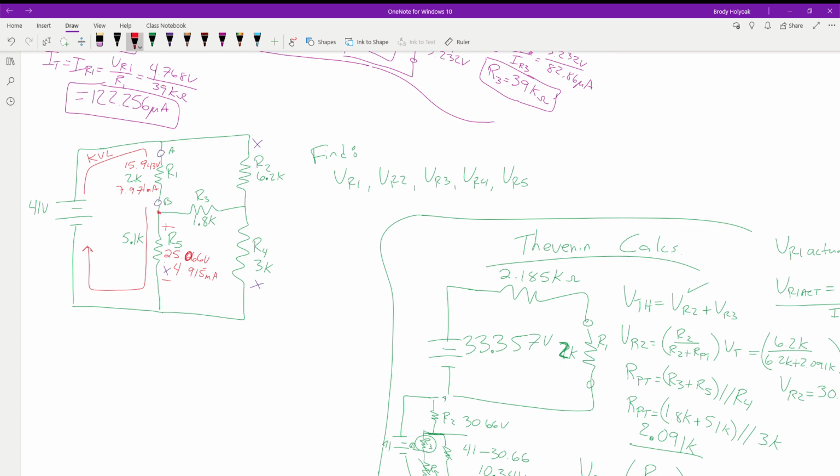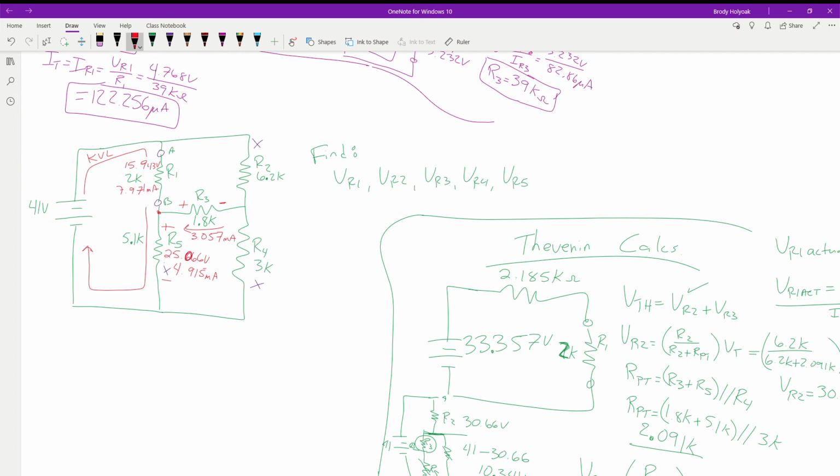And is it coming in or going out? It's coming in, which means we're going to have a polarity based like this. And how much current do we have coming in? 3.057 milliamps. Yep, because of how we're measuring. Because the current's coming in, and we're using electron current flow.